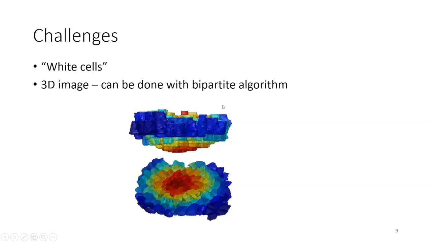Challenges. Actually, you see the 3D image. It shows what the purpose was and what will be handled soon. White cells are a future challenge, and you should address that. And for the 3D image, one way it can be handled is with a bipartite algorithm.